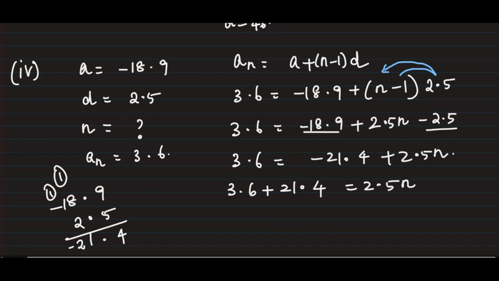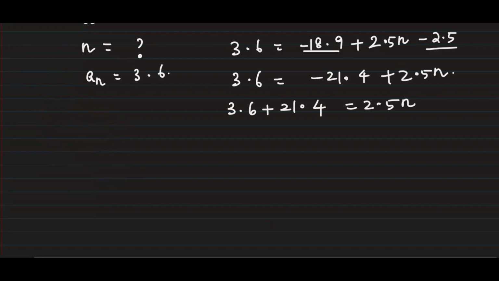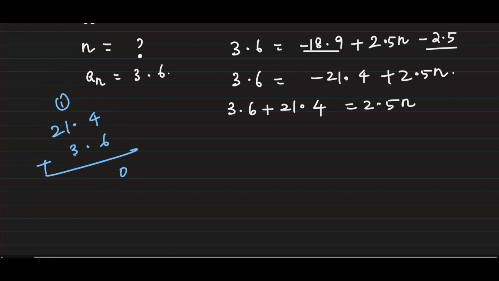So 21.4 plus 3.6: 6 plus 4 becomes 10, carry 1, then 25.0 is equal to 2.5N. So the value of N is equal to 25 divided by 2.5.